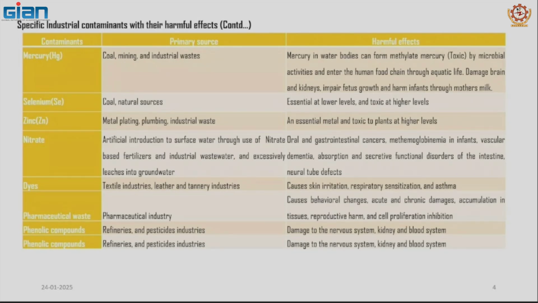Mercury comes from coal, mining, industrial waste, etc. As we can see from the harmful effects, these compounds are highly harmful and lethal to humans and other living animals. So the treatment or removal of these contaminants from the wastewater is of primary concern.